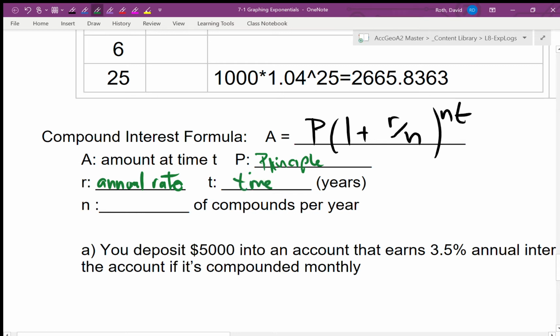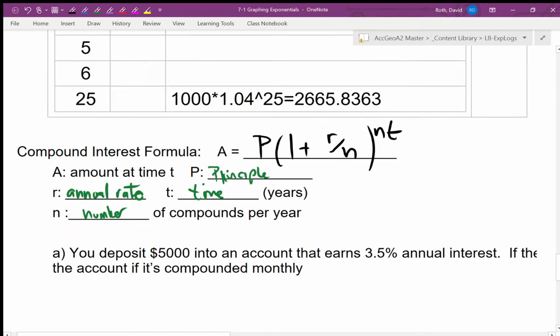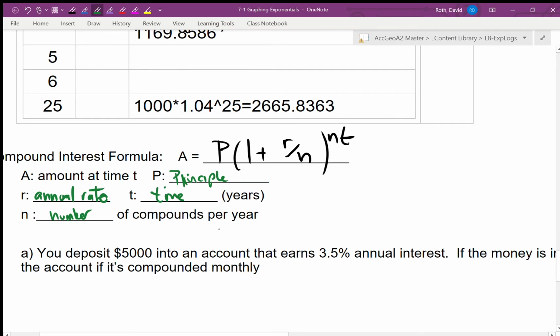N is the number of compounds per year. And you will only see this with banks. We're going to do exponential growth and decay with things like house values or car values, etc. This compounding idea with the N's inserted in here only works when you have banks.